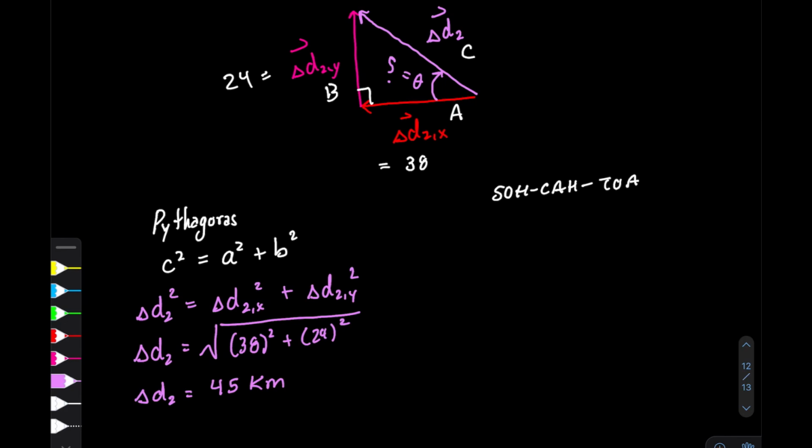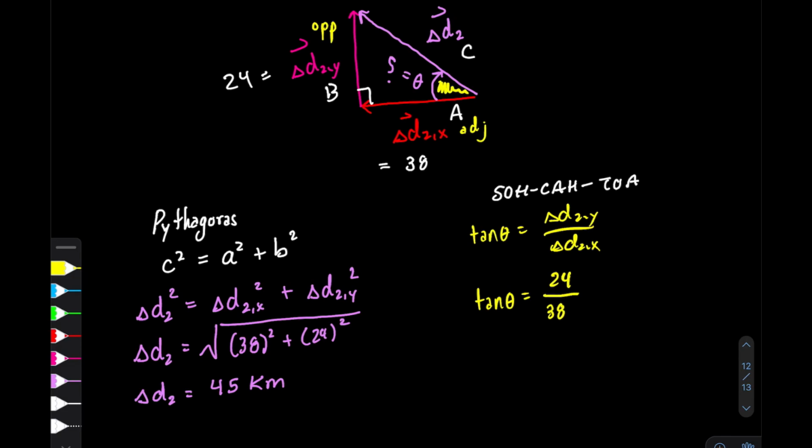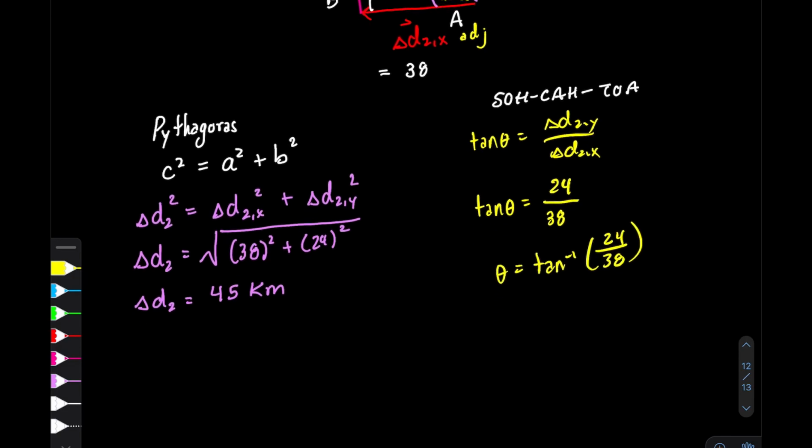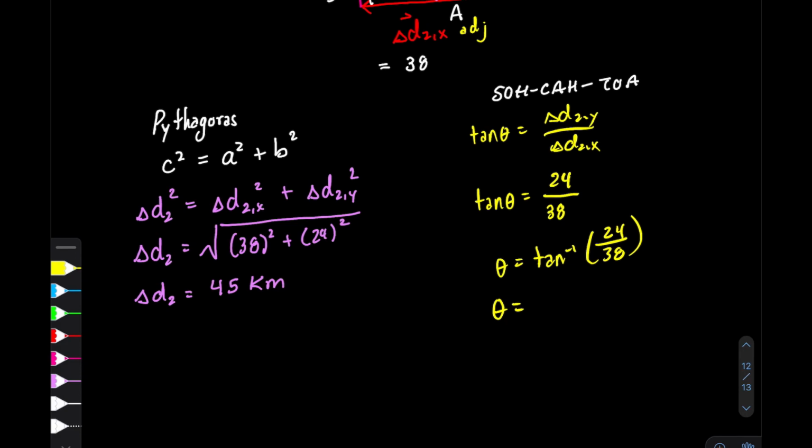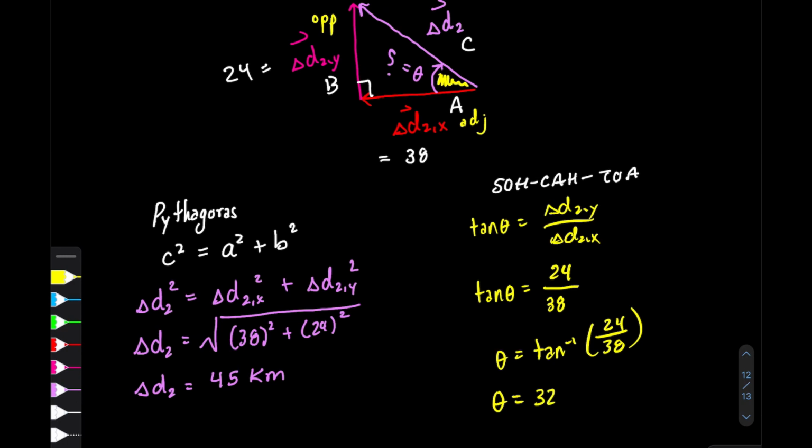And for SOHCAHTOA, considering this angle theta, the opposite side and the adjacent side, normally you should be using the tan ratio. So we have tan theta equals, and theta is approximately 32 degrees.